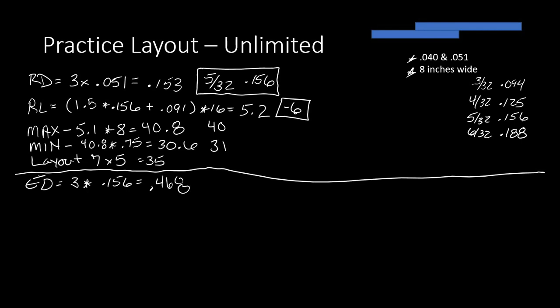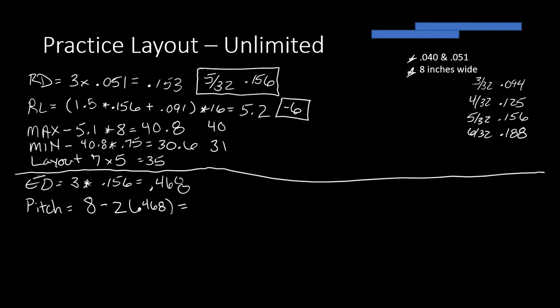That's a really weird looking 8, but I'm rolling with it. 0.468 for edge distance. And then we're going to have pitch, which we said was going across our 8 inches, minus 2 edge distances. And we'll get some number.